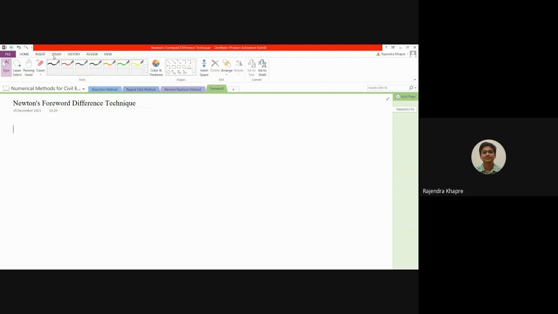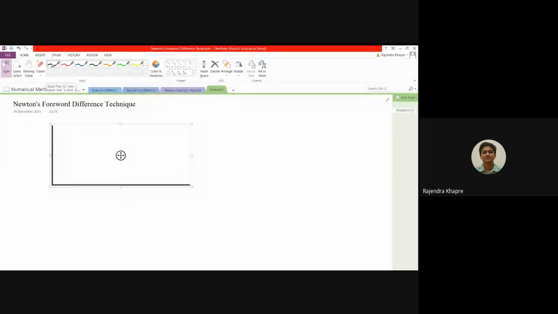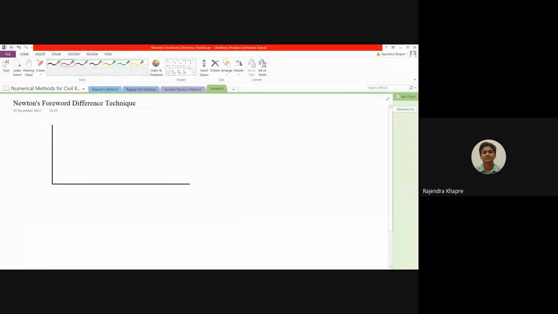So let us say you are doing some experiment, and in that experiment, for example, you have collected some data, and that data is represented in terms of x and y coordinates. So for example, we have data which is something like this, and we have one point over here.